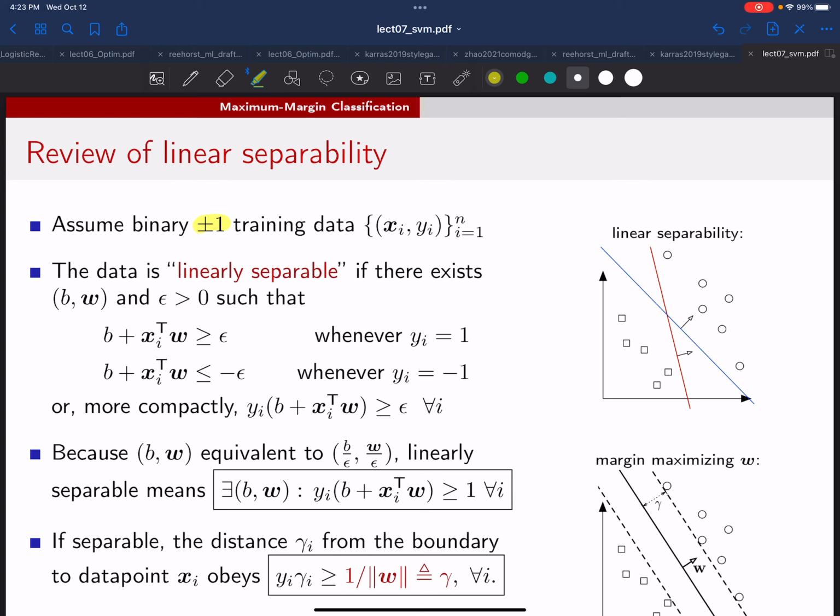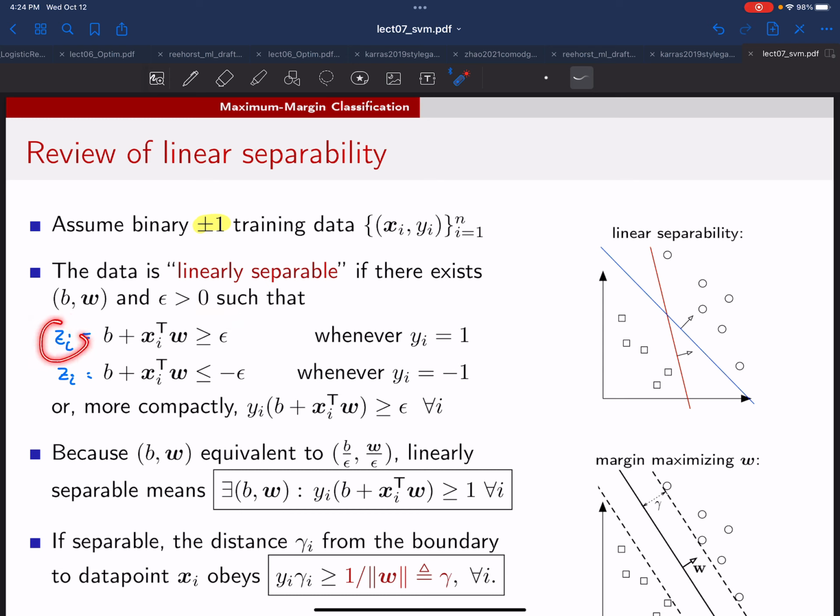We're going to say that the data, which in this case has samples 1 through n, is linearly separable if there exists some B and W that parameterizes the boundary and some positive number epsilon such that, now this is the score for sample i, you can think of this as Z_i, if the label is 1, then the score for that same sample is greater or equal to this positive number.